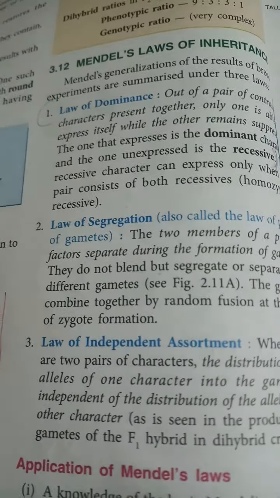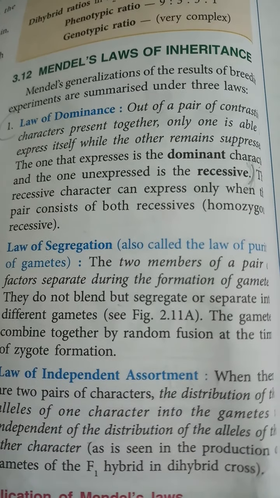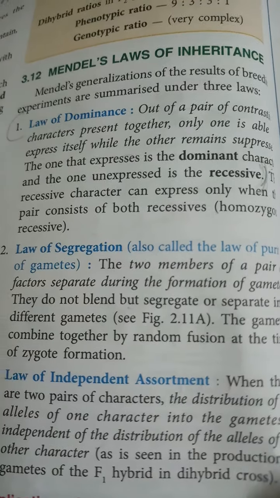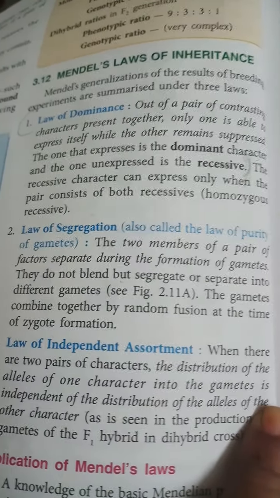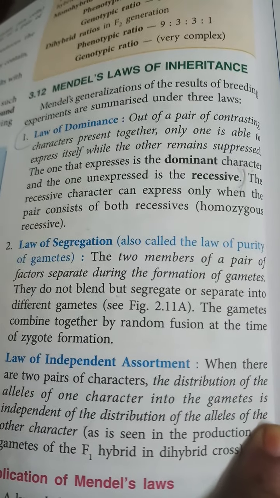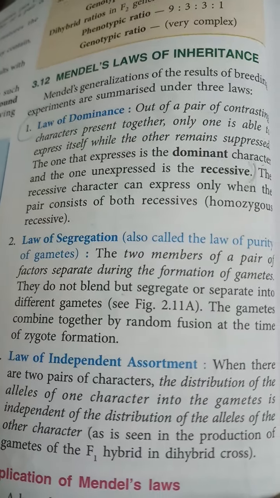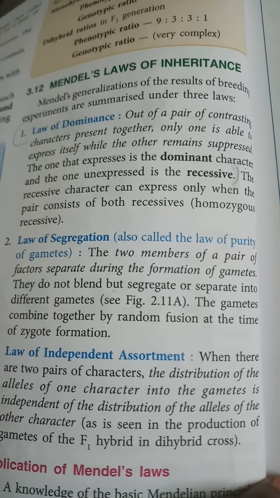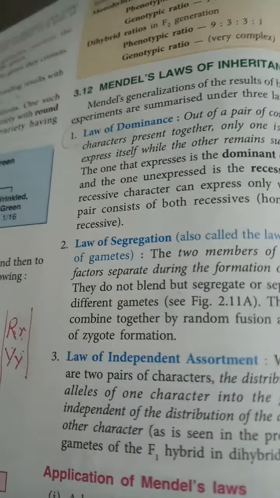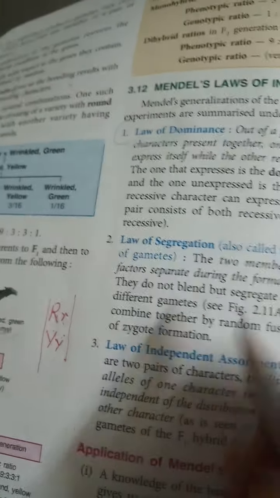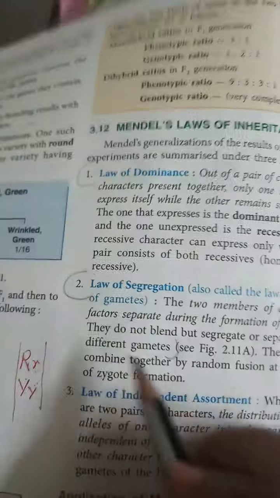Then the second law is the law of segregation, also called the law of purity of gametes. The two members of a pair of factors separate during the formation of gametes. They do not blend but segregate or separate into two different gametes. This much is needed for the second law.